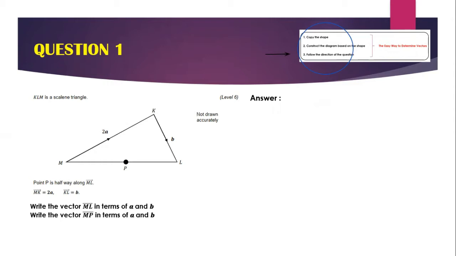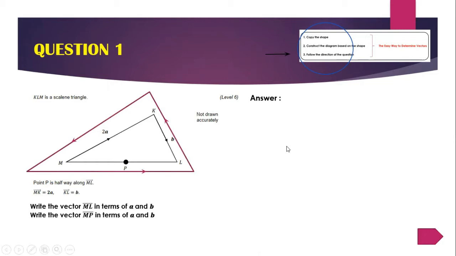The shape is a scalene triangle, so you have to construct a scalene triangle based on the shape. The shape is a scalene triangle means you have to construct a new scalene triangle around the shape.